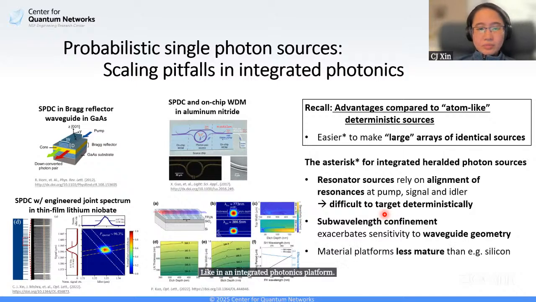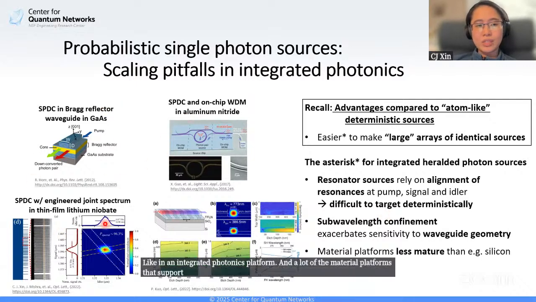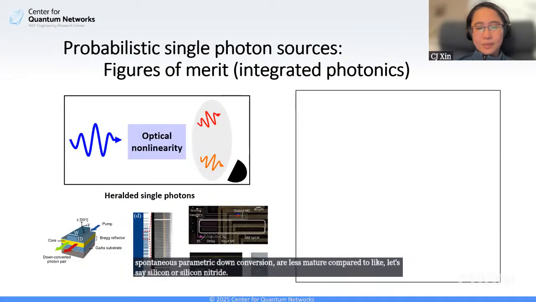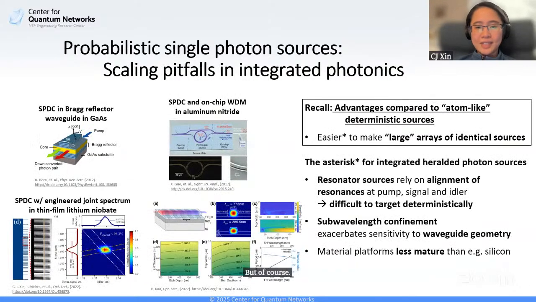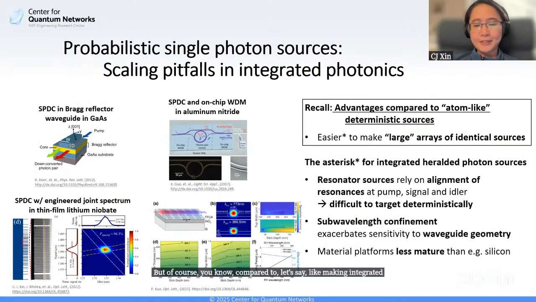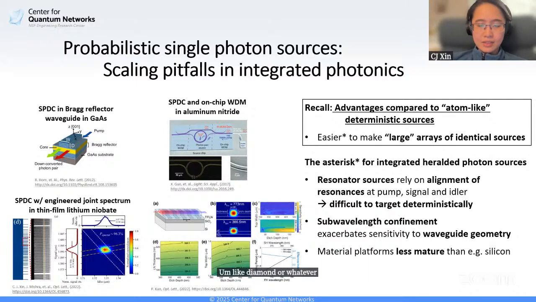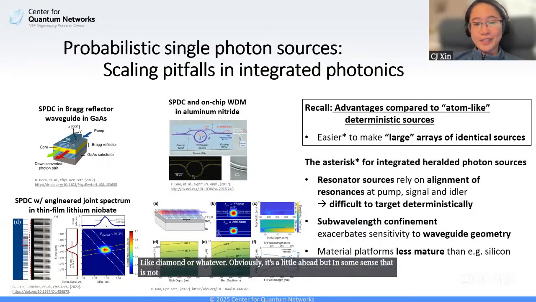And a lot of the material platforms that support the more efficient and easier to filter version, which is spontaneous parametric down conversion, are less mature compared to, let's say, silicon or silicon nitride. But of course, compared to making integrated photonics in, I don't know, diamond or whatever, it's obviously a little ahead, but monolithic integrated photonics on diamond is not really a viable path that anyone is considering, I think.